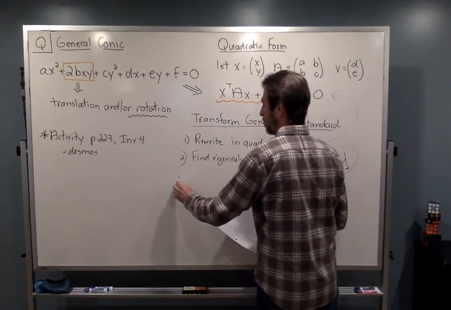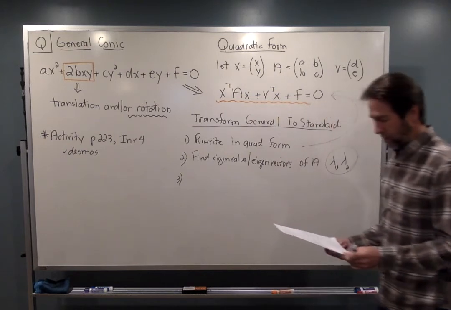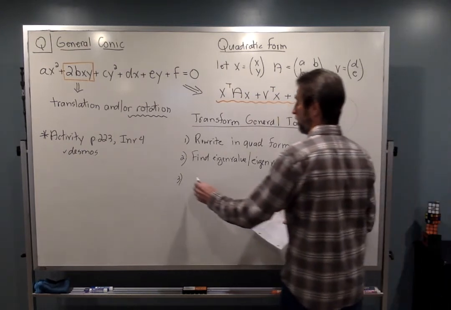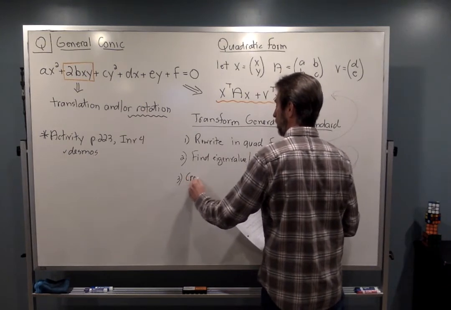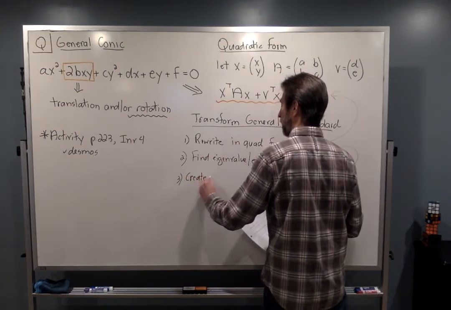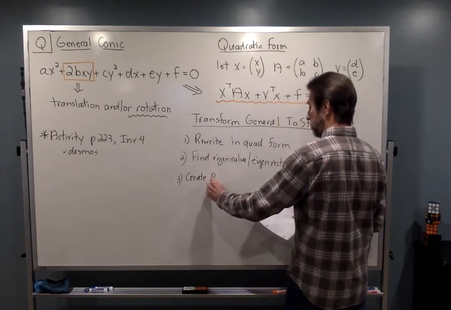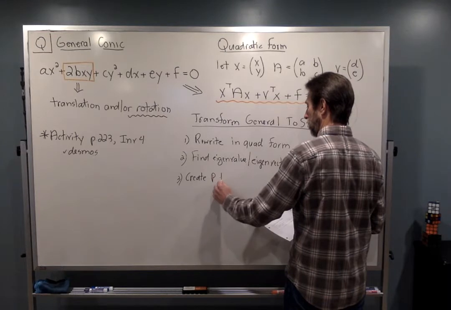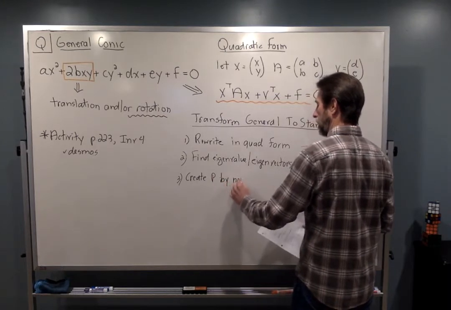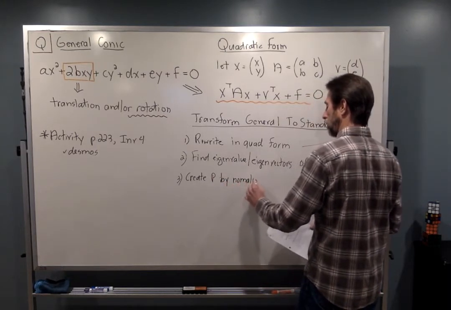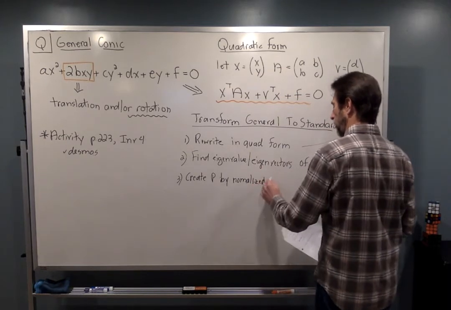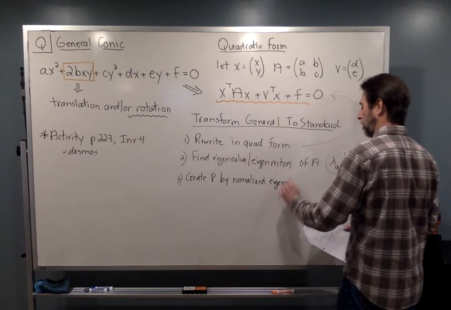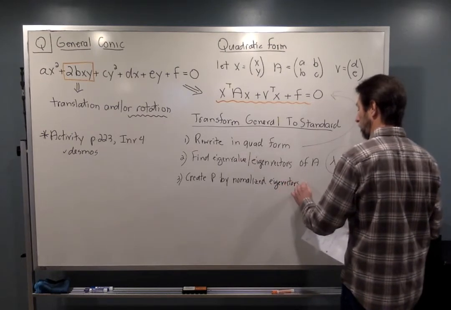Next we are going to use the normalized eigenvectors as columns of matrix P. I'm going to say we're going to create P, which is going to be a matrix made up of the normalized eigenvectors as columns.